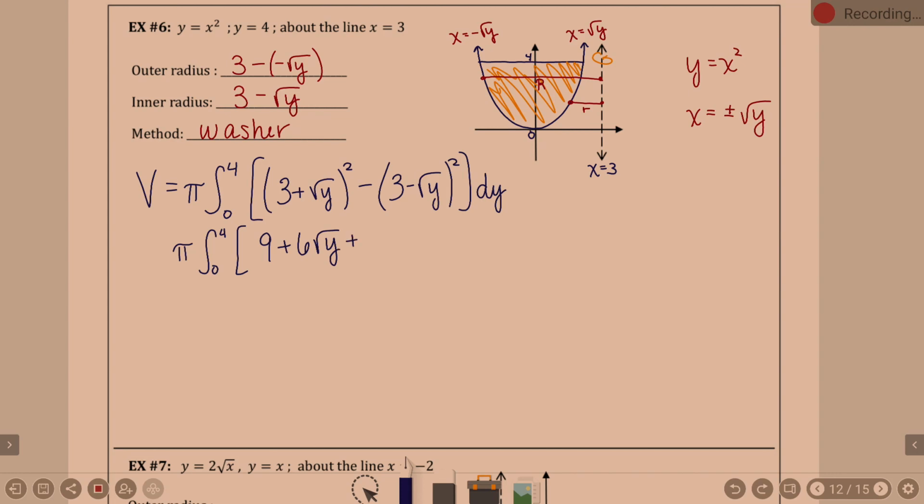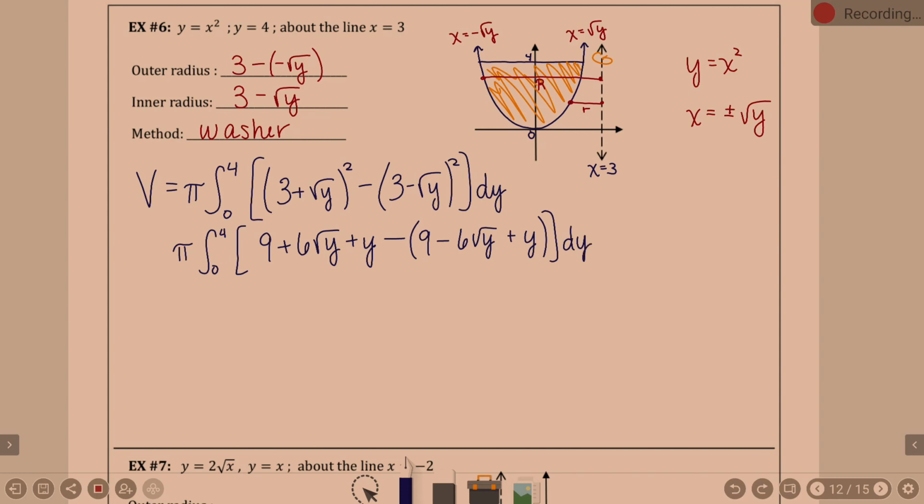Now, minus, I'm going to go ahead and put parentheses. 3 squared, 9. 3 times minus square root of y, minus 3 and minus 3 is going to be minus 6 square root of y. Minus square root of y times minus square root of y, plus y, because I'm in the parentheses, times dy.